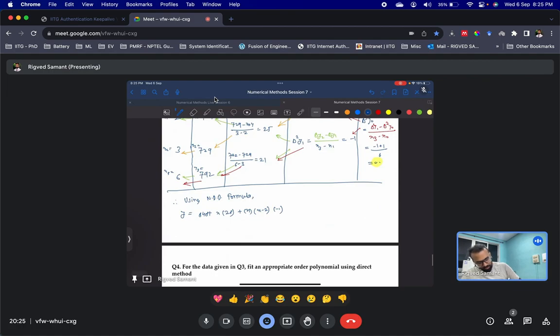So if you simplify it, you will get 648 plus 28x minus x square plus 2x.